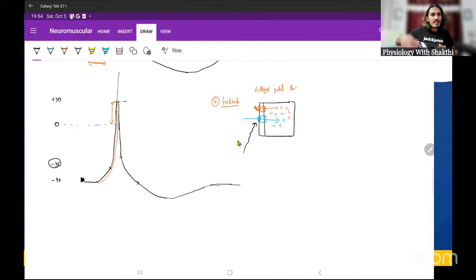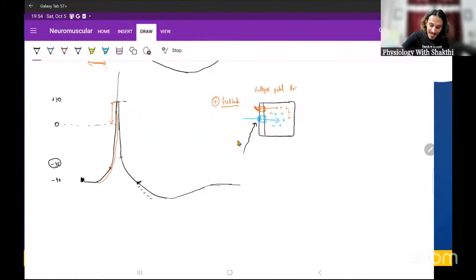Who's there waiting and getting ready, at the exact moment it reaches minus 90, to go and close all the potassium channels at the same time? It's impossible. So once it reaches there, it'll try to close the potassium channels, but there'll be a slight delay.